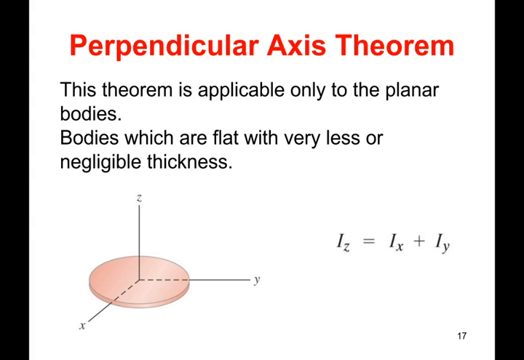And the moment of inertia in the z direction, which is the axis perpendicular to the plane of the body, is going to be equal to the moment of inertia in the x direction plus the moment of inertia in the y direction.